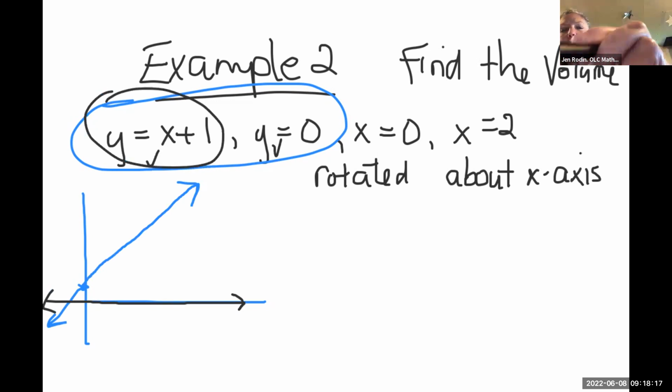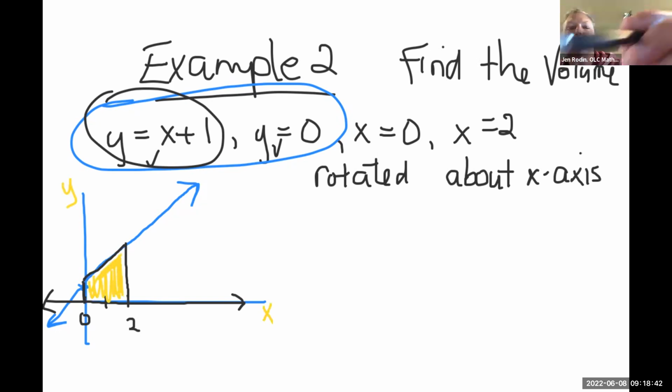Then we want to go from x equals 0 to x equals 2. So we're talking about taking this region, like a little flag, and spinning it around the x-axis.